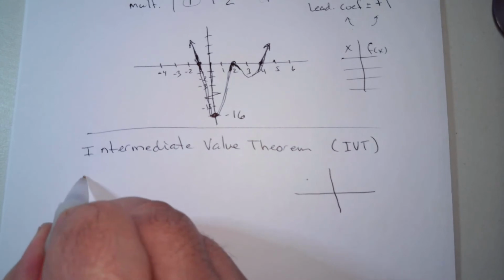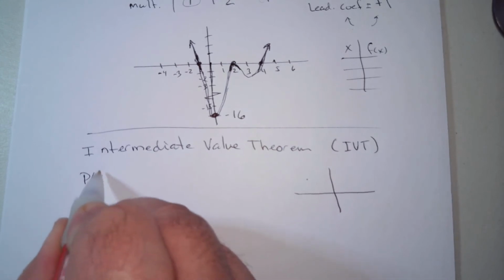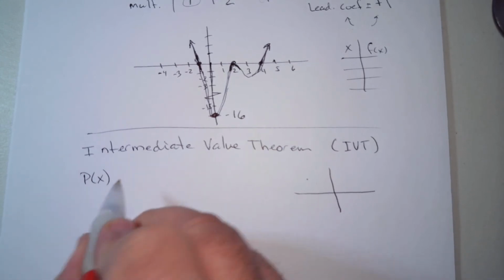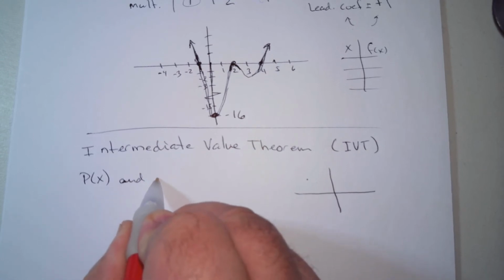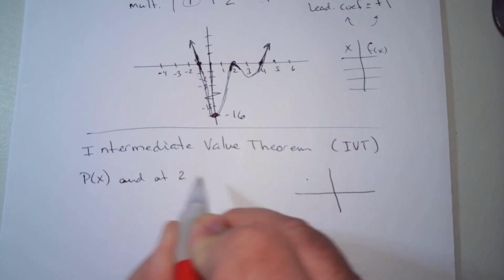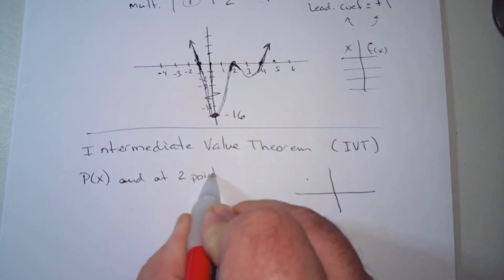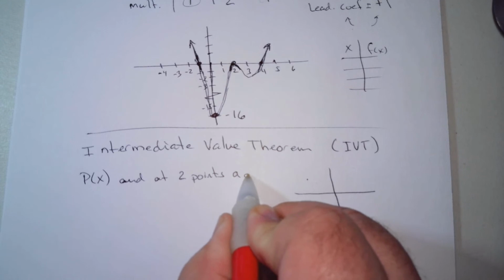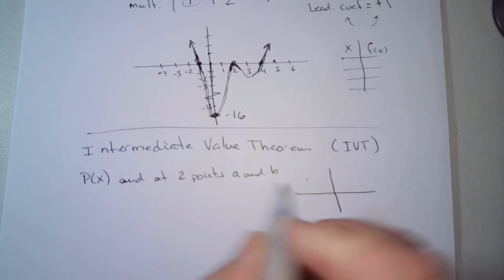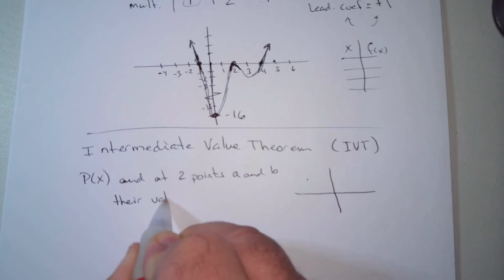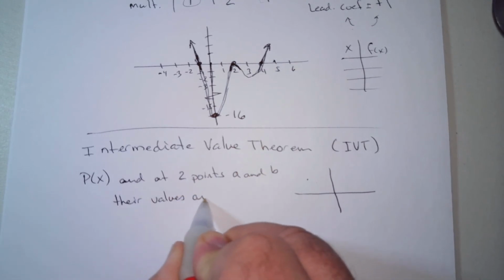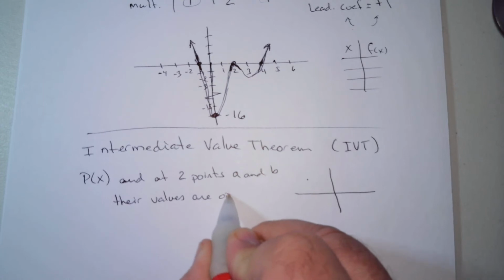If I have a polynomial function and at 2 points A and B their values are opposite signs.